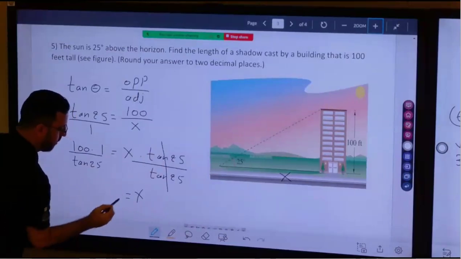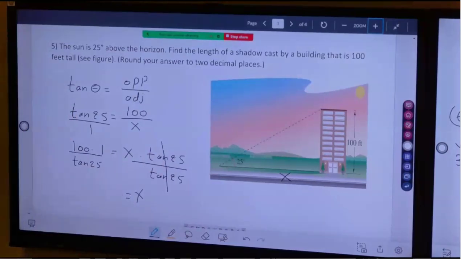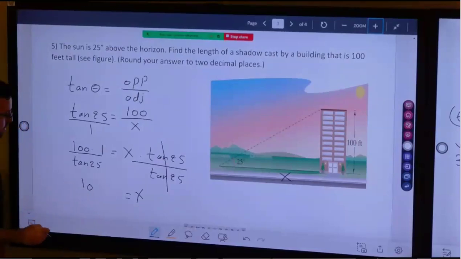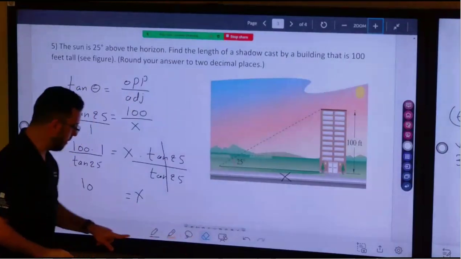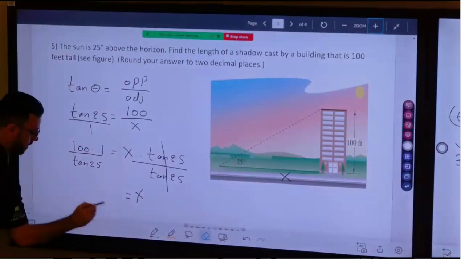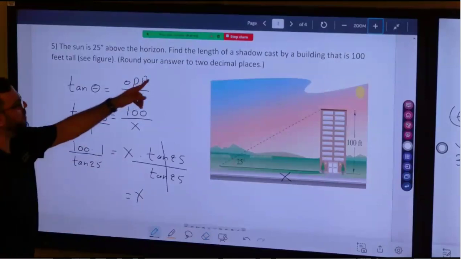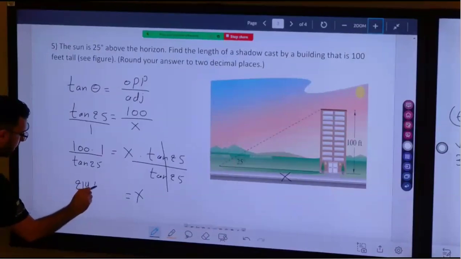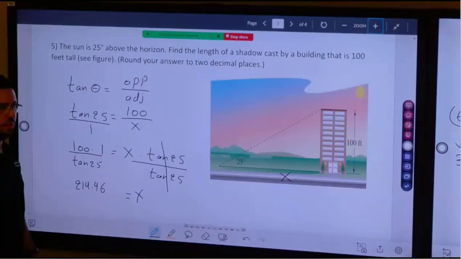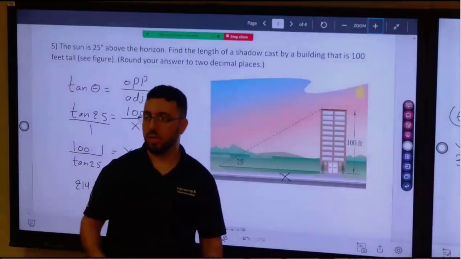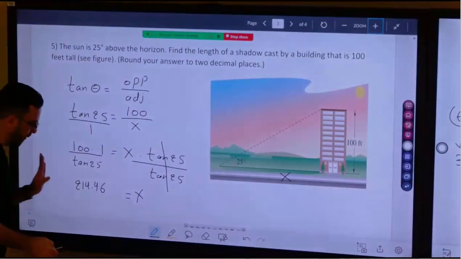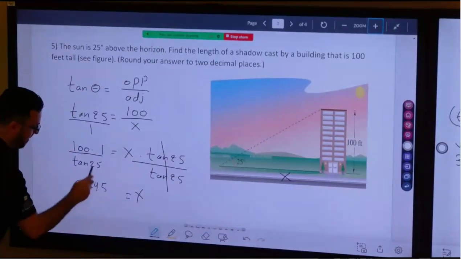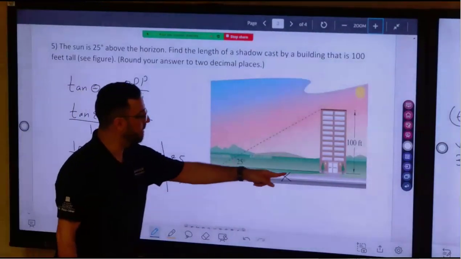So X is going to be equal to how much? 100 over tangent 25. How many decimals? They're telling you two decimal places. 214.46? No, it's 214.45. Is the 0 the next number? Yeah. It's 214.45, okay. 214.45 what? Feet.